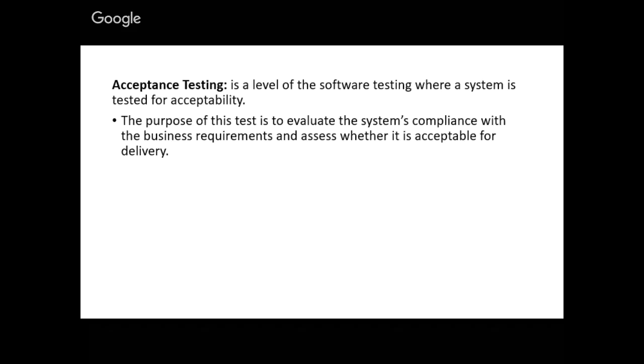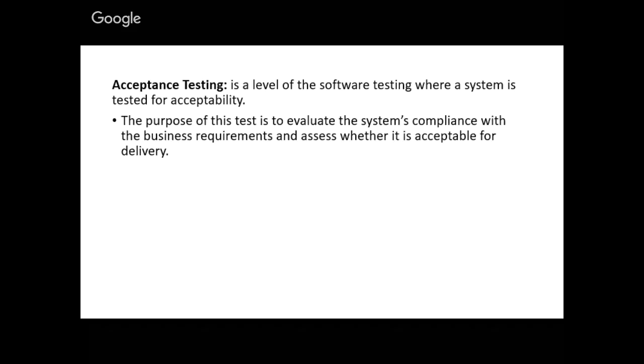Does it provide the functions? Does it provide them appropriately? Can we now say that this solution is ready? Can we now send it out? Or if it is a case of delivering it to a client and the solution is ready and contains all the expected functions, then it is acceptable by the client and we can deliver. That is acceptance test.